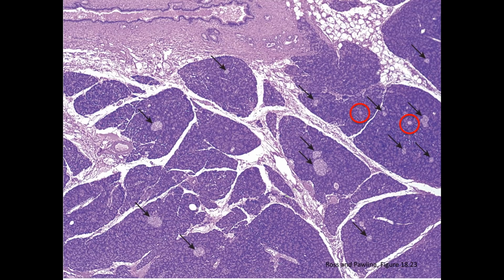Larger ducts outside of lobules are called interlobular and can be seen surrounded by connective tissue in the septae. This is shown in the green circles. There is also an appreciable level of blood vessels, but they cannot be seen at such a low magnification. You will be able to observe those in the lab.